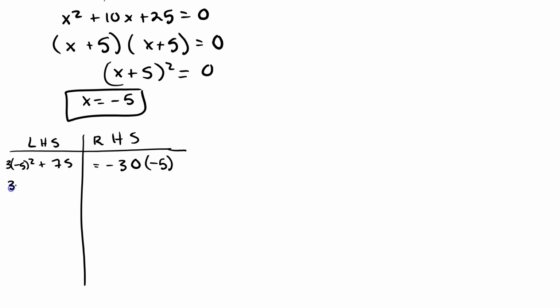So we have 3 times negative 5 squared, which is 3 times 25, that's 75, plus 75. 75 plus 75 is 150. Let's see what happens on the right. This is going to be positive, and 30 times 5 is bingo bango, 150. Left-hand side equals right-hand side. We're good.